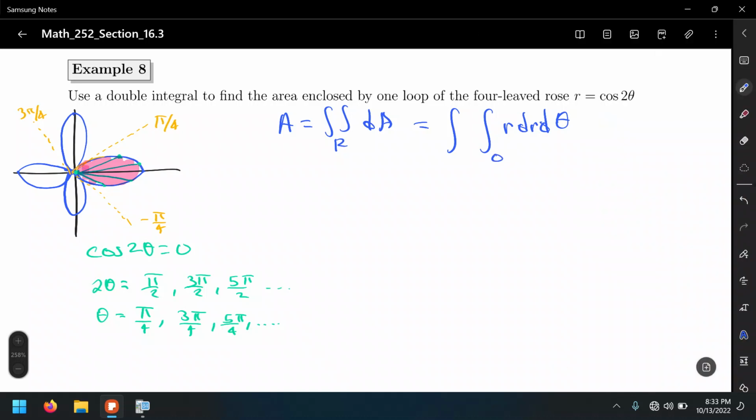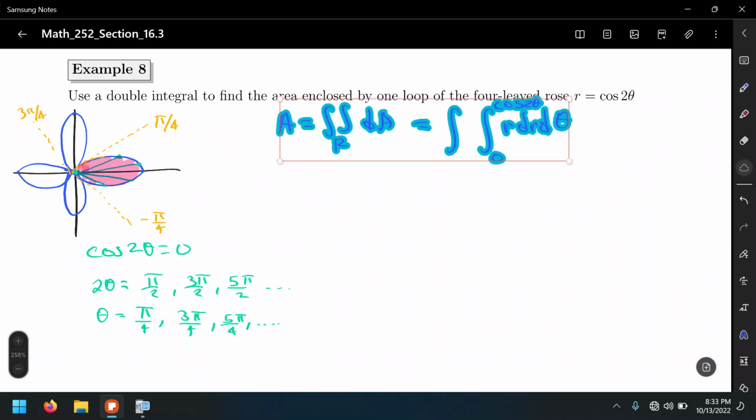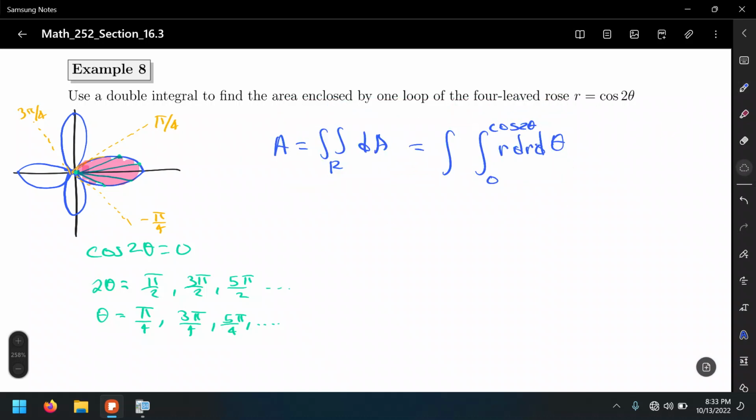So from the origin, which is 0, to cosine 2 theta. However, what about the angle? One way to express this integral to get the entire area is to go from negative pi over 4 to pi over 4.